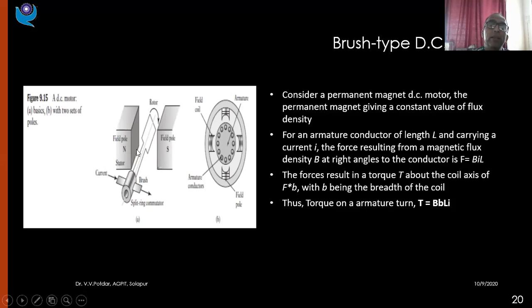Now, what Faraday's law says, when a current carrying conductor interrupts a magnetic field, an electromotive force is developed on the conductor. So this electromotive force makes the armature coil rotate.